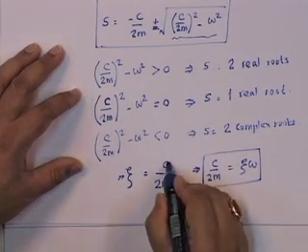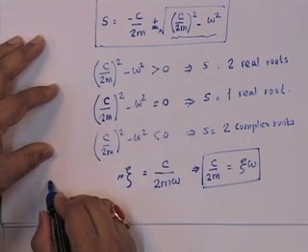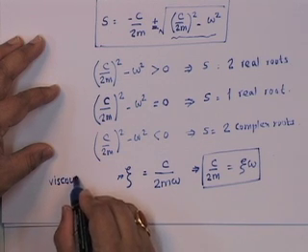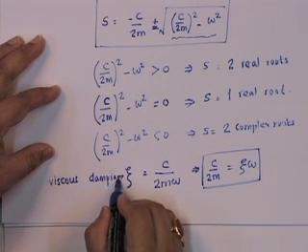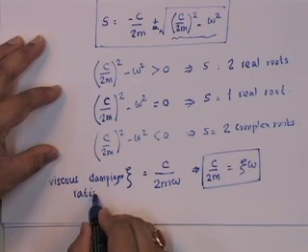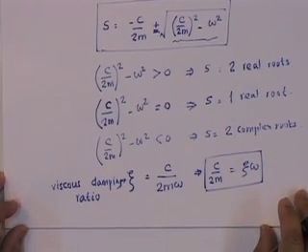Okay. Now, this term is actually called the viscous damping ratio. Okay. So, this is known as the viscous damping ratio.